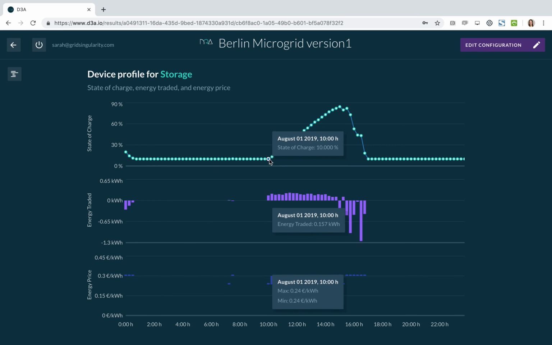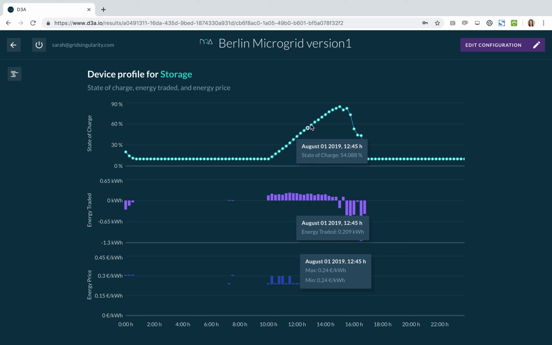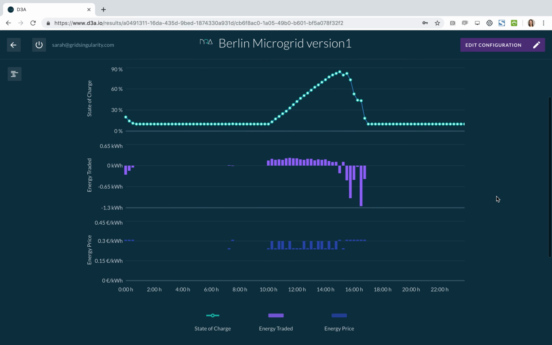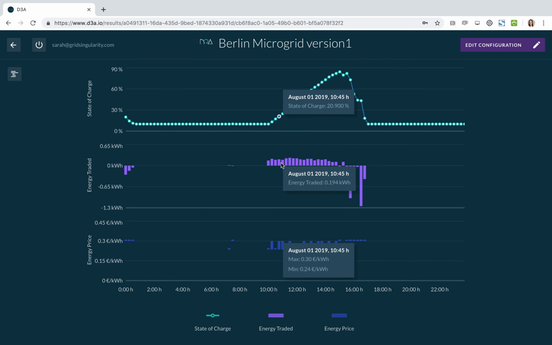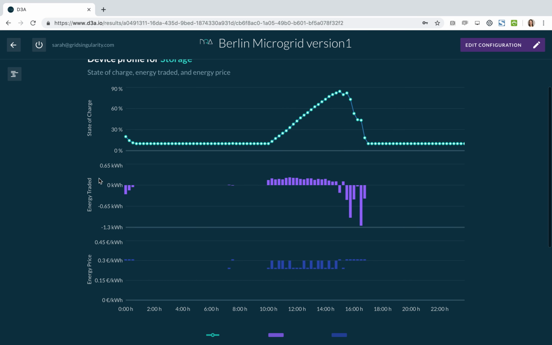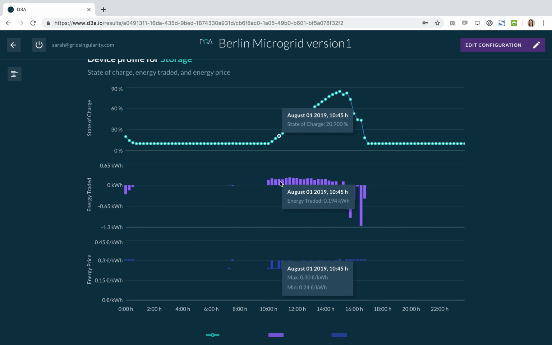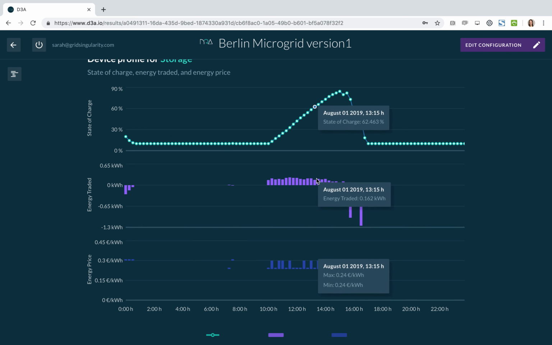And then when there was excess PV power, it charged during the day to 84%. And in the energy traded, we can see what the energy was going into the storage. So here, when the storage was discharging, its energy trade is negative, and then the energy trade is positive as the storage is charging.